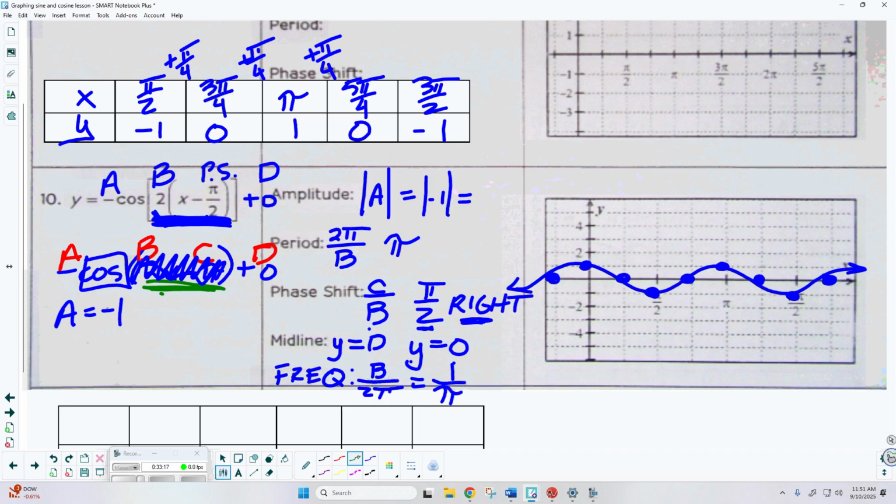Let me go ahead and graph the midline, y equals 0. Does that cut the graph horizontally in two? That is what your number 1 on the quiz tomorrow is going to look like. And then it's going to have 2 College Board questions after that, multiple choice.